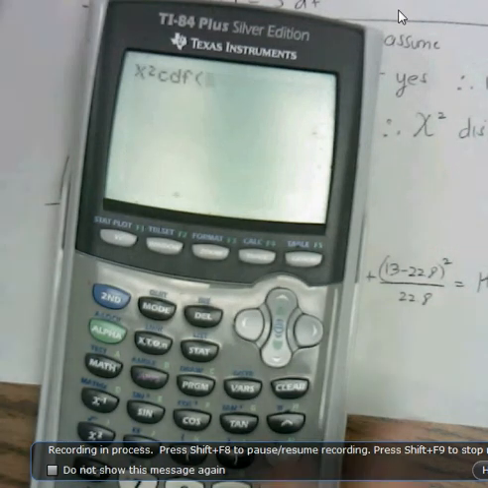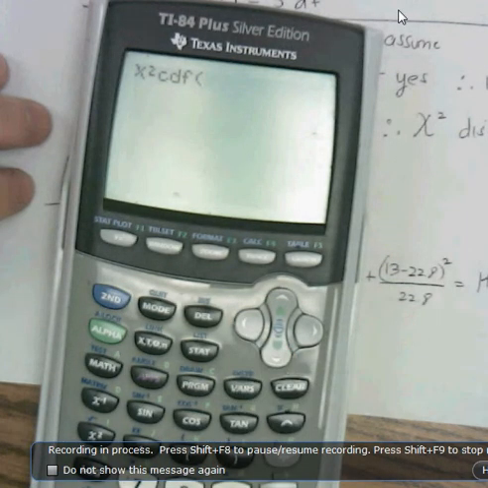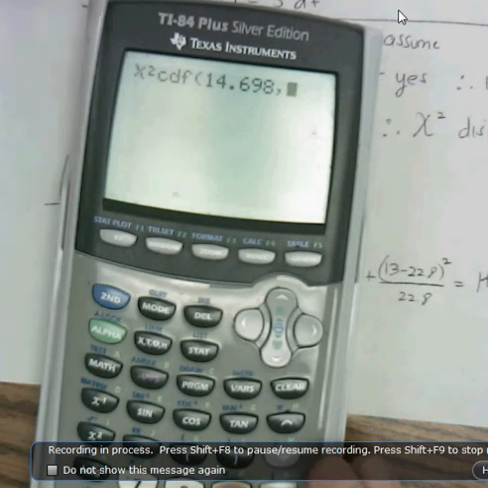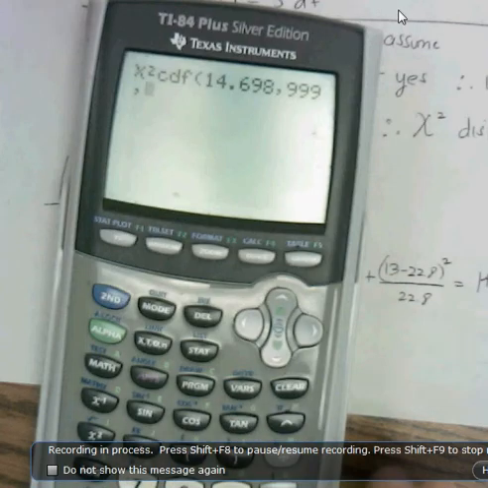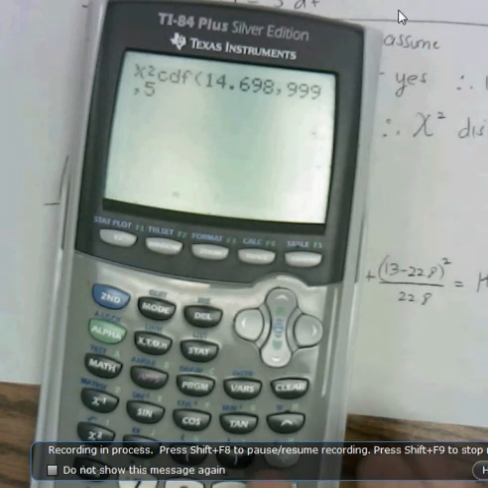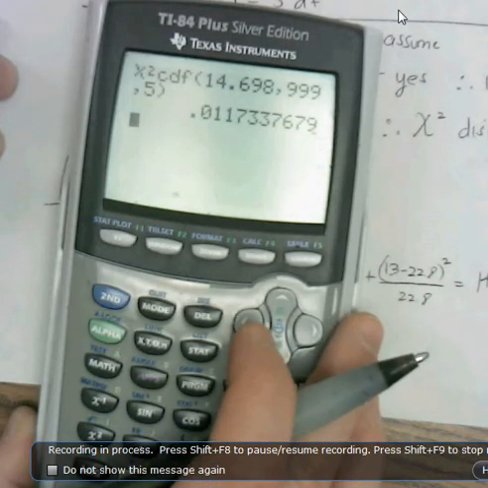What chi-square CDF is going to accept is you're going to plug in the chi-square value, which is 14.698, comma, really large number, 999, comma, degrees of freedom. Our degrees of freedom were categories minus 1, so that was 5. And that's going to spit out a p-value for you, 0.0117.